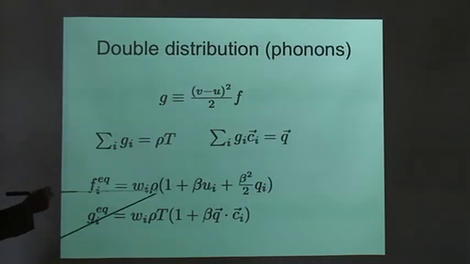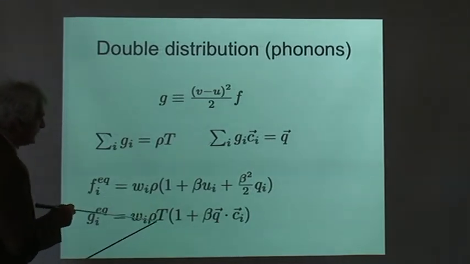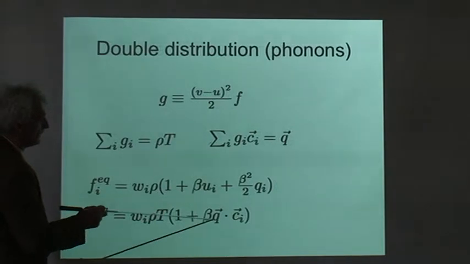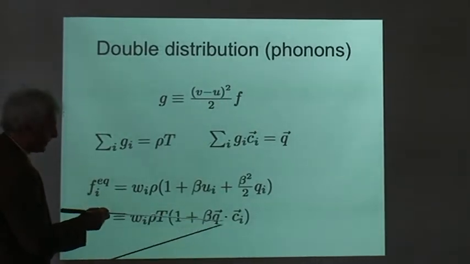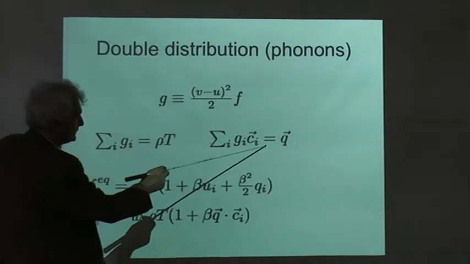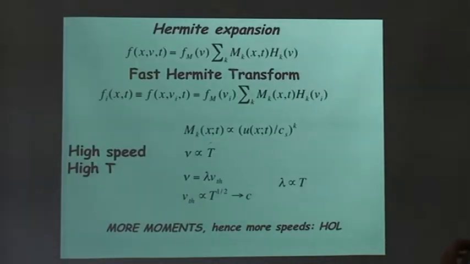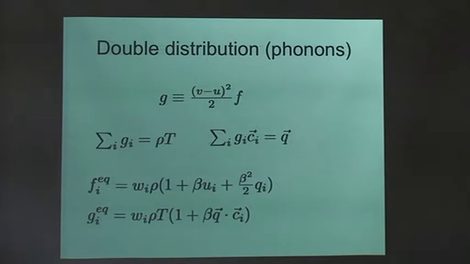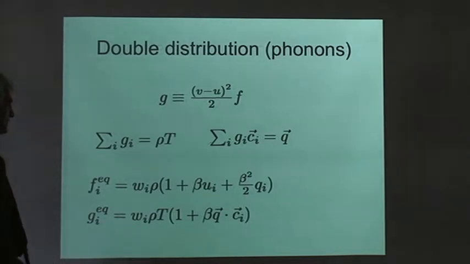They have equilibria which are just the same, except that instead of having rho, I have rho T, and instead of having the momentum U, I have the heat flux. So by some magic, it turns out this double distribution method is more stable, and most of the applications I see around today are done this way.